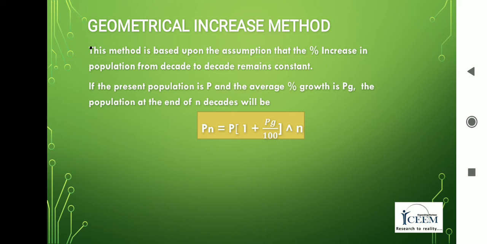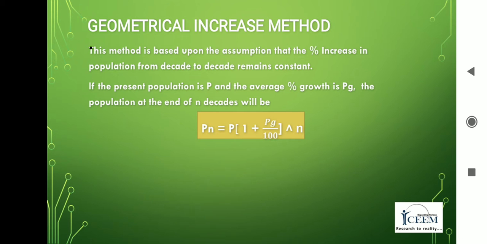If the present population is P and the average percentage growth is Pg, the population at the end of n decades will be Pn is equal to P in bracket 1 plus Pg by 100 raised to n, that is number of decades. This is the formula for geometrical increase method.